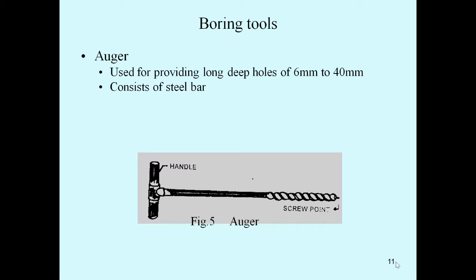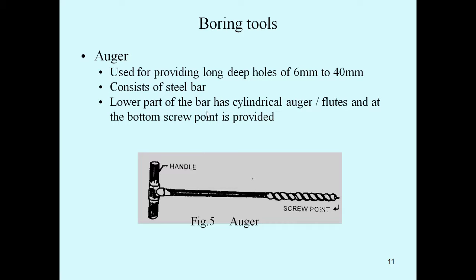It consists of a steel bar. This will be the steel bar. The lower part of the bar has cylindrical auger flutes.